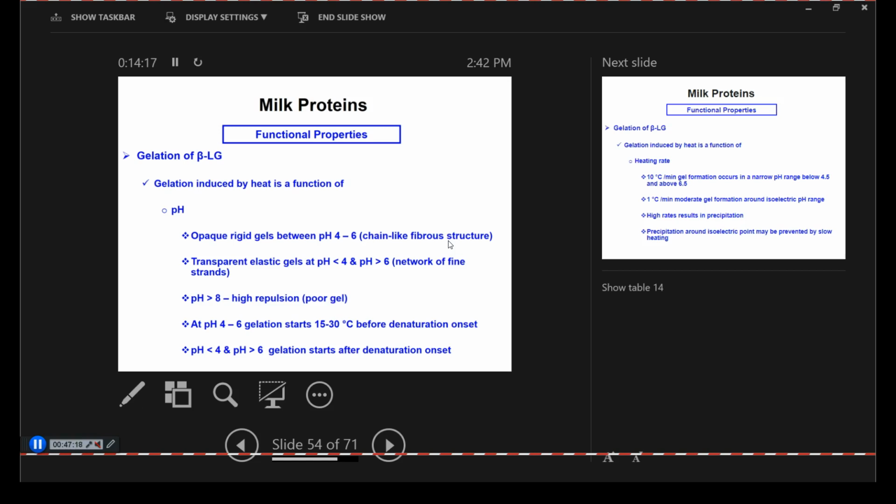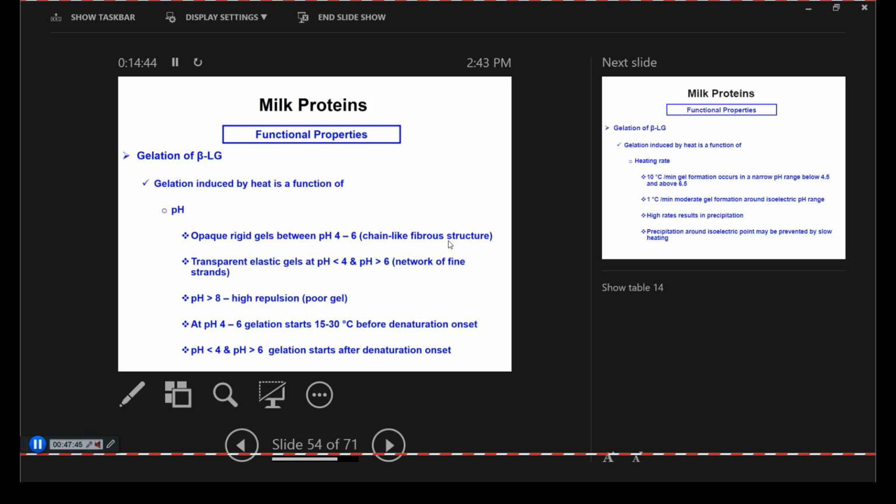But one thing we need to pay attention to is, depending on the pH, the temperature at which gelation occurs is different. So when it's close to the isoelectric point, you have reduced charges. At this pH, proteins are more prone to interact with each other more easily than at pH where you have some charges.